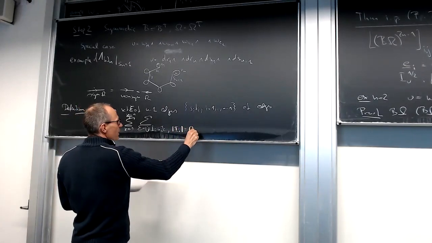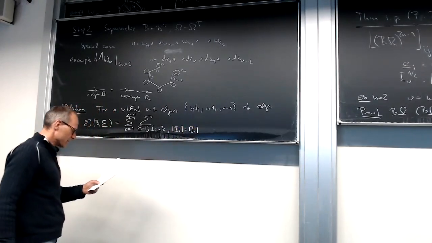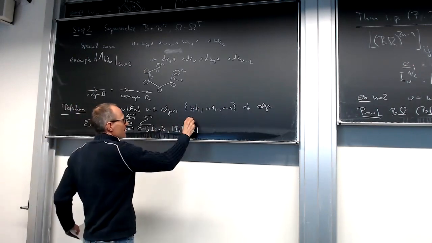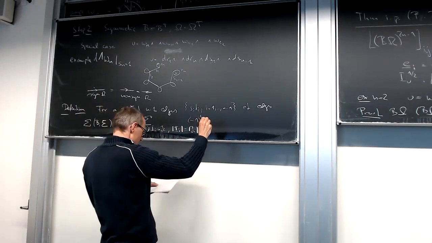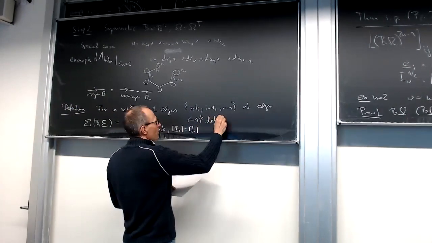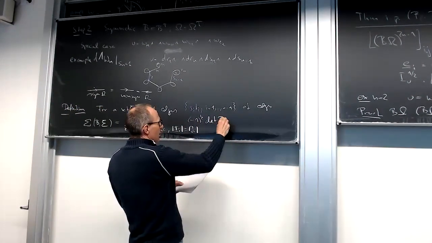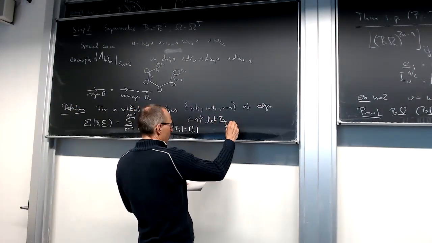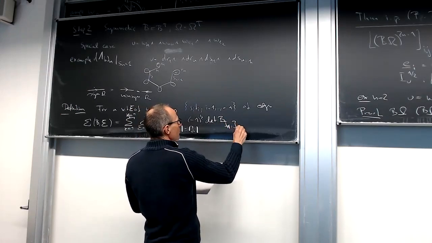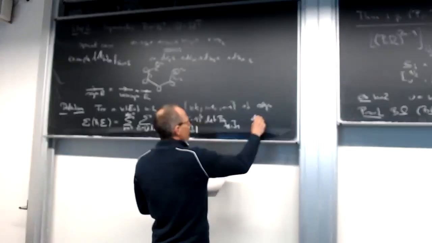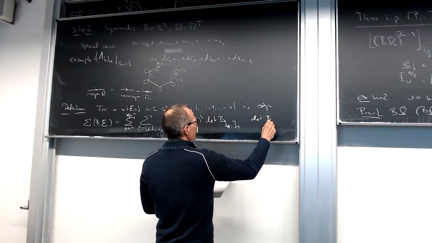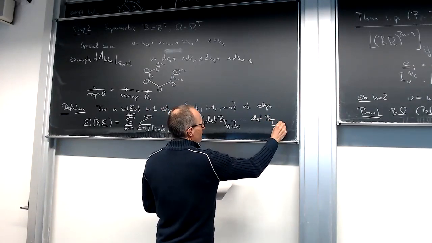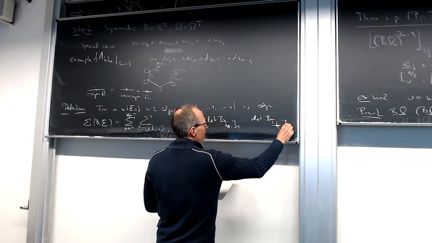For all these partitions, we get a sign minus 1 to the k, and we get determinants det B_{I1 J1}, up to det B_{Ik Jk}.